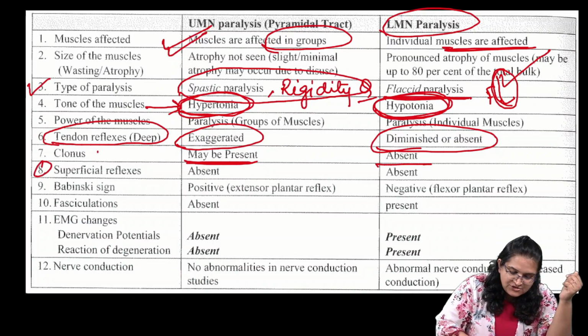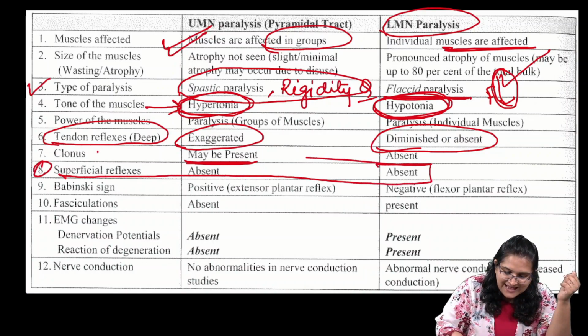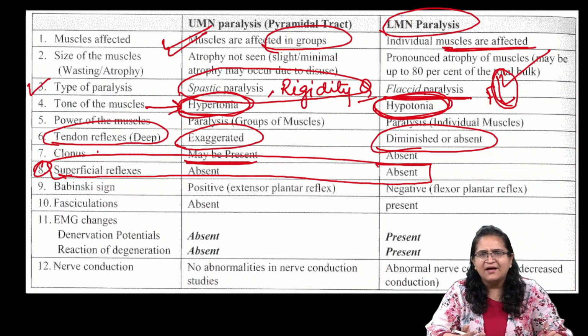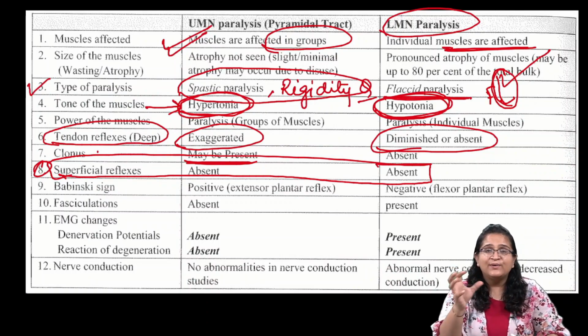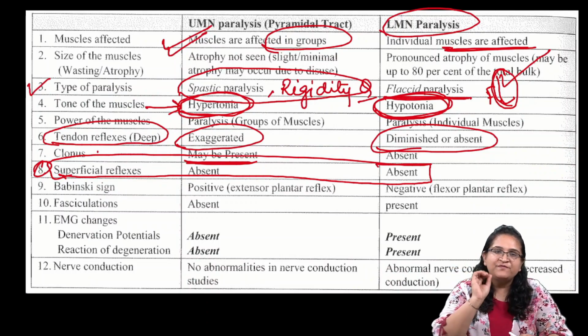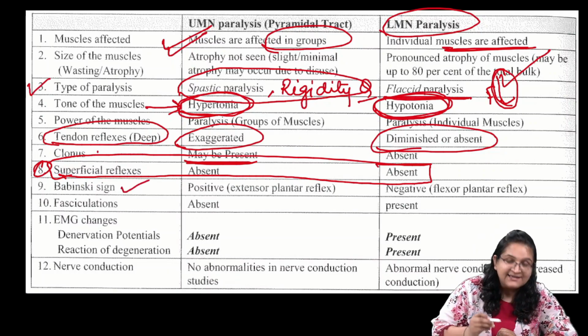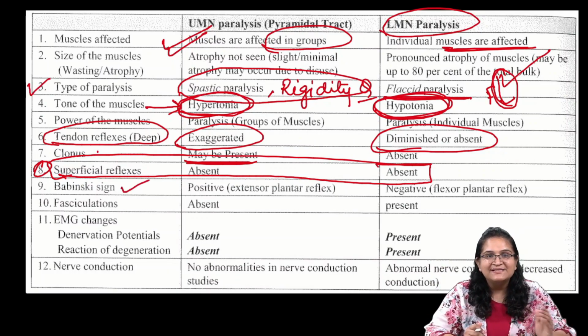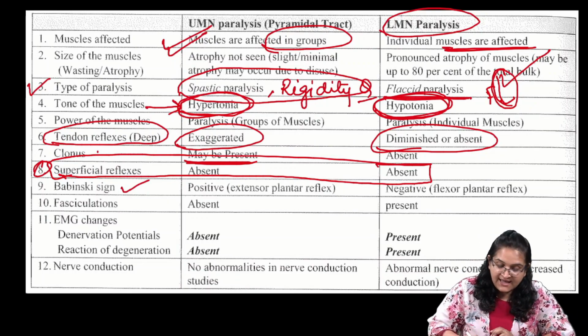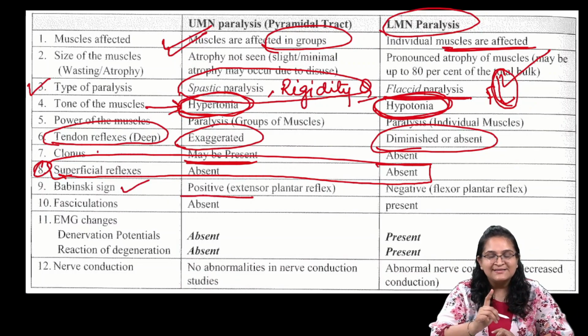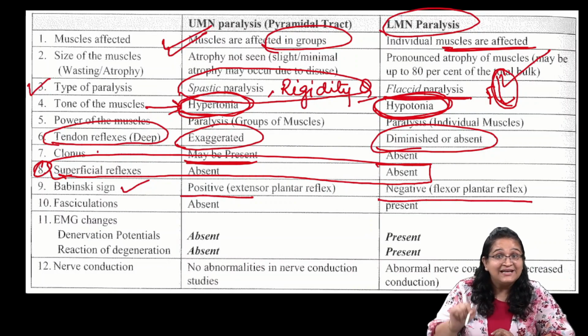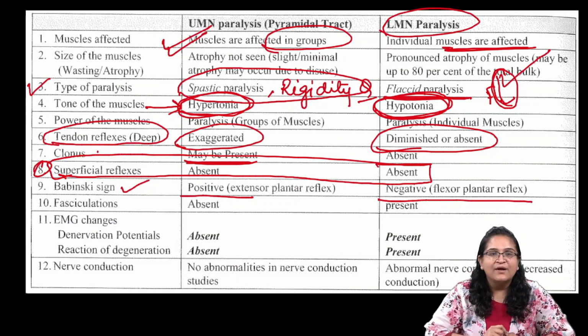Now, superficial reflexes, everyone, it is absent in both. So, this is a difference that it is not following the up and down rule. The superficial reflexes are absent in both. Babinski sign again follows the up-down rule. Babinski sign is positive in the upper motor neuron palsy, whereas it is negative in the lower motor neuron palsy.